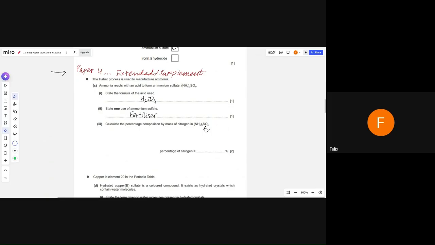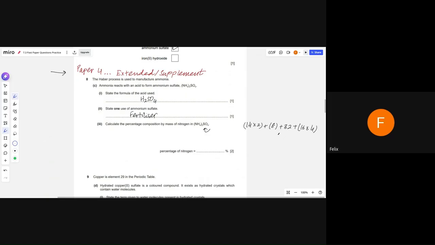We have two nitrogen atoms, so nitrogen is 14 times 2, plus we have 8 hydrogens. So I will write 8 hydrogens, and each hydrogen has the atomic mass of 1. We have 1 sulfur, with the atomic mass of 32, plus 4 oxygens, so it is going to be 16 times 4.